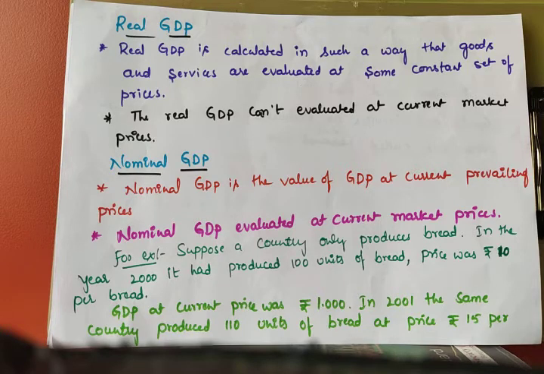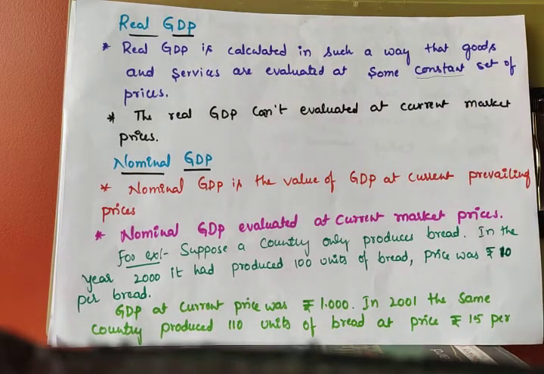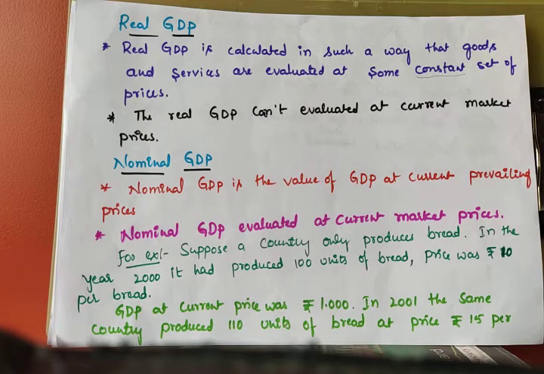Real GDP is calculated in such a way that goods and services are evaluated at some constant set of prices. We have to give importance to constant. Constant means no changes.